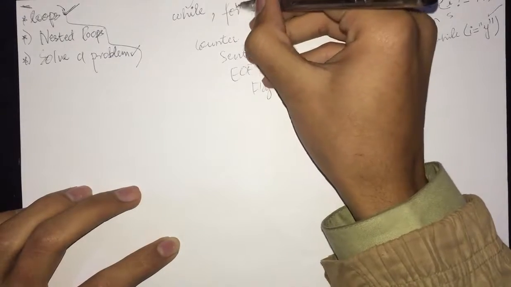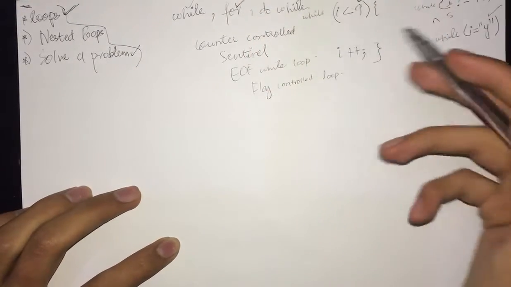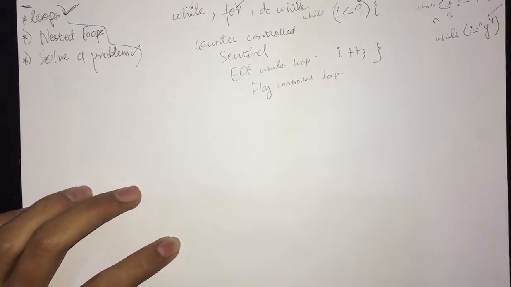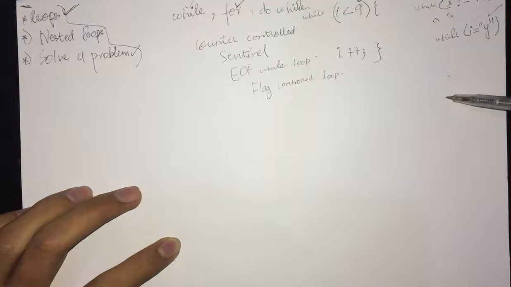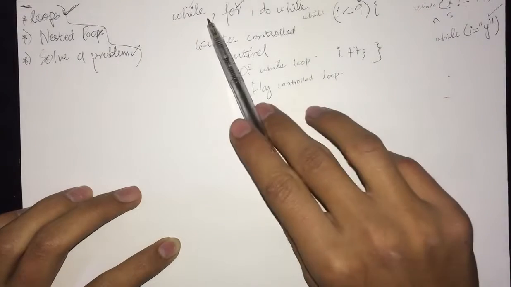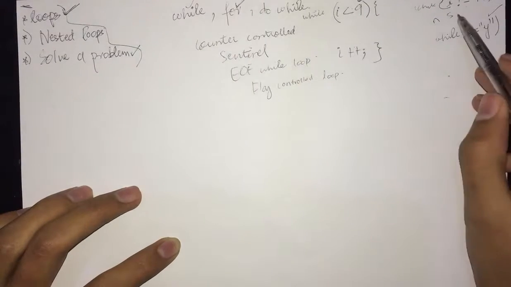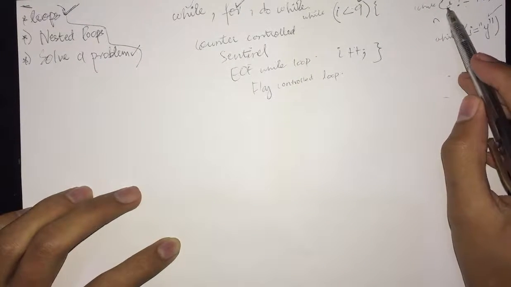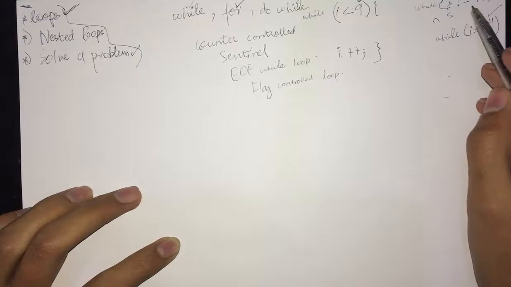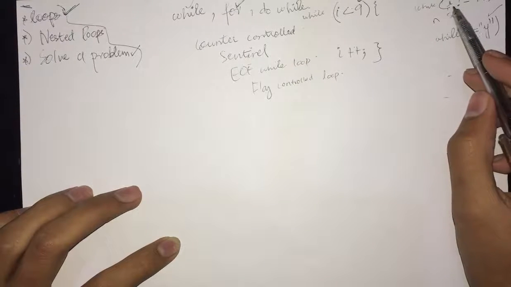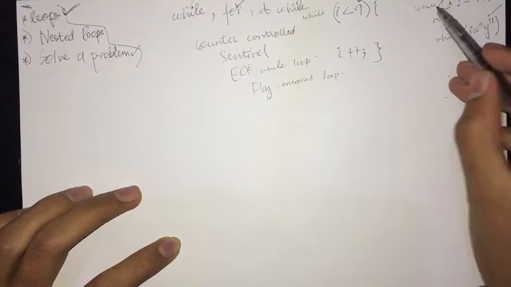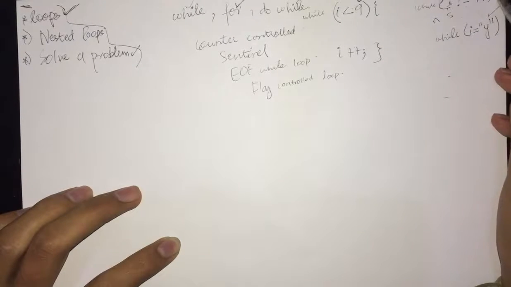And then we have for loop. The only difference is, in while loop we specify the condition first, and then the counter is down below at the end of the loop, and then we close the loop. But in for loop we specify all of the conditions, the counter, and the incrementation. We perform all of these three steps in one bracket at the start of the loop, and then we start the loop.